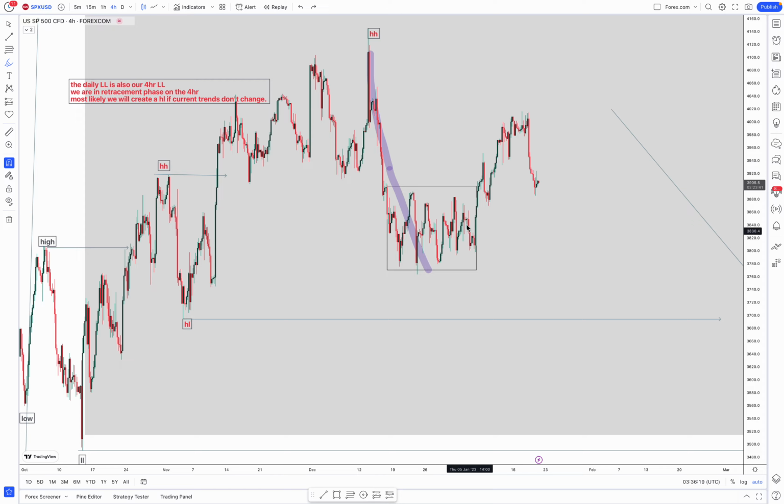So to be 100% sure, we need to see this movement down, below here, retracement, and then go down. Okay, that's the 4-hour. Remember, on the 4-hour, we are on a retracement phase. So whatever happens here is going to be bullish.